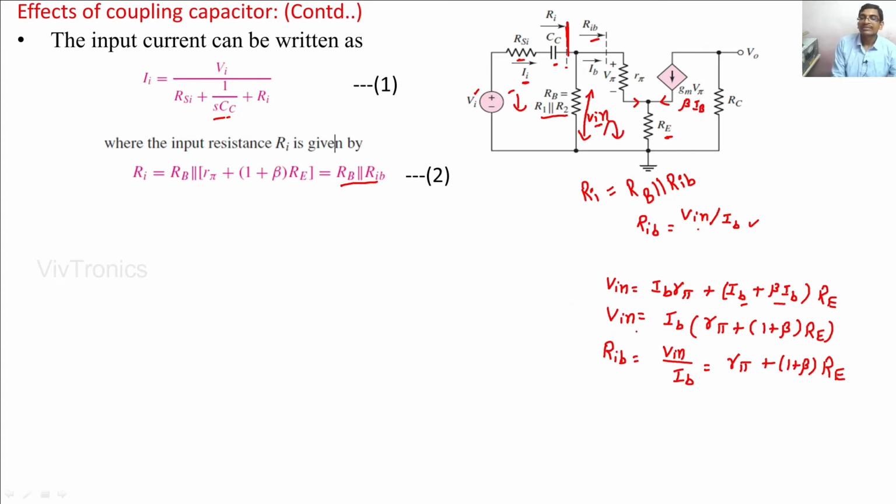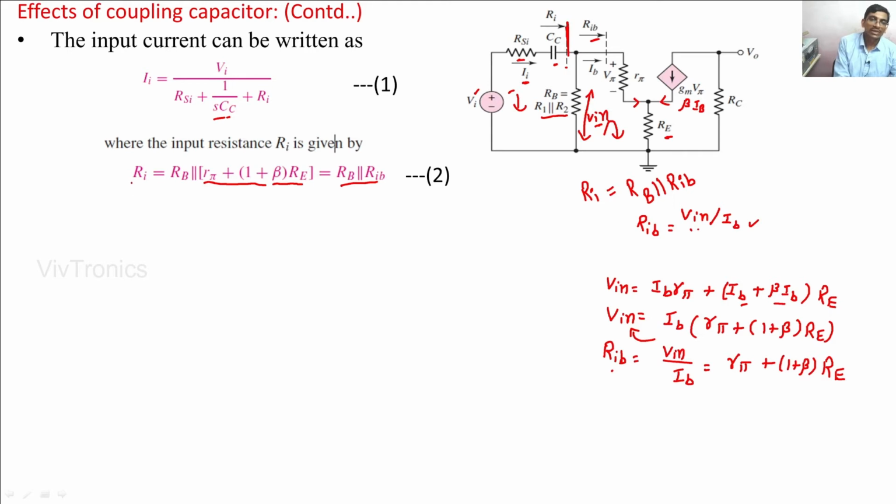Therefore, Vin will be equal to, by taking IB as common, IB into R pi plus 1 plus beta into RE. Therefore, Rib, which is the ratio of input voltage to the IB current, Vin divided by IB current, if you take IB to the left hand side, we get R pi plus 1 plus beta into RE. Like that, we got this equation, which is equal to Rib.